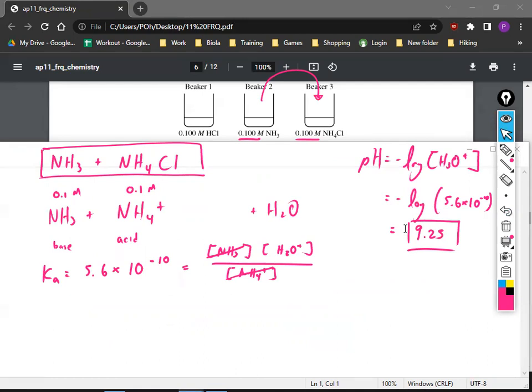I found the pOH from the concentration in beaker 2. I did negative log of 0.00134, and then I got 2.87.